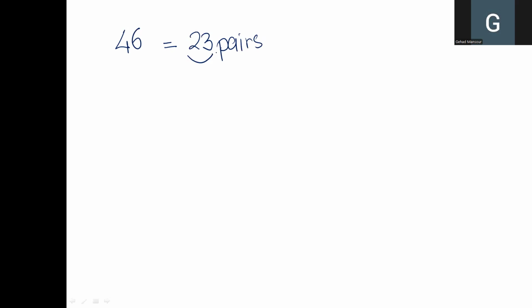Out of the 23 pairs, 22 are called autosomes, carrying properties that are not related to sex, and all this will be mentioned in detail later on. And we have one pair of sex chromosomes.